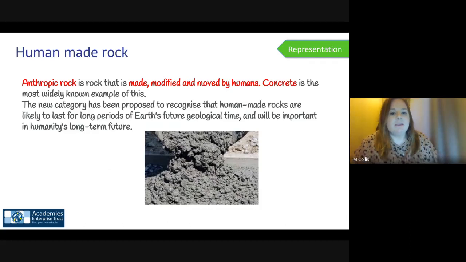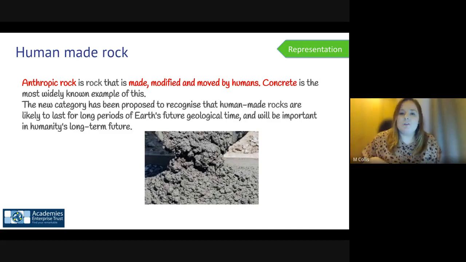This is a new category which has been made by humans, that is likely to last for long periods of time, and will be important to humans for the future, because natural rocks don't last a very long time, whereas human-made rocks have been developed to help us make buildings, for example, that will last a long period of time.